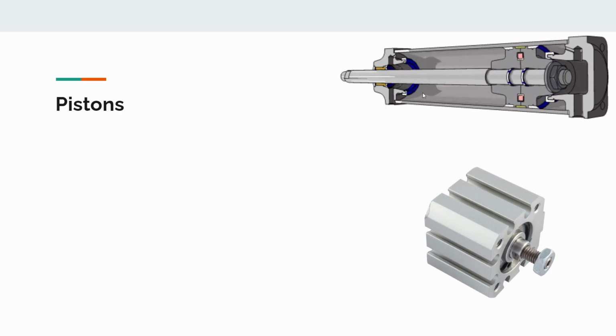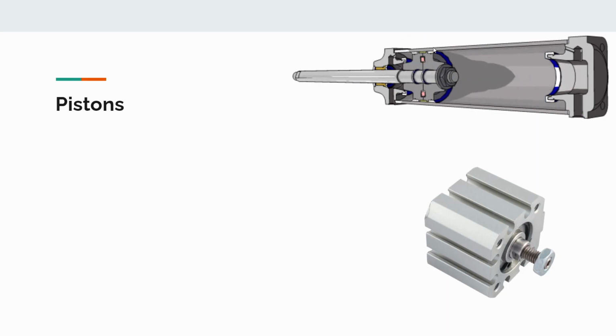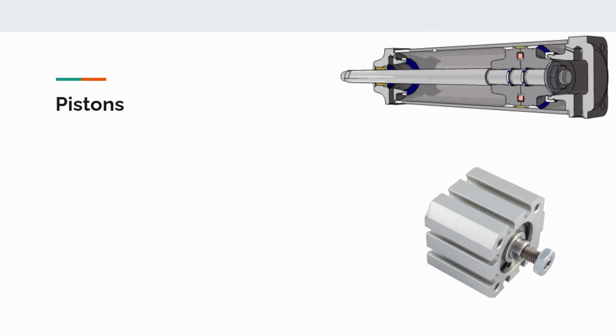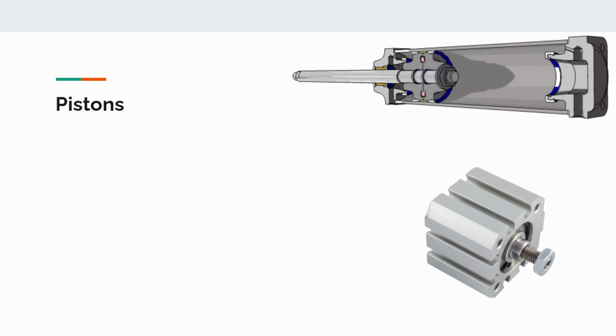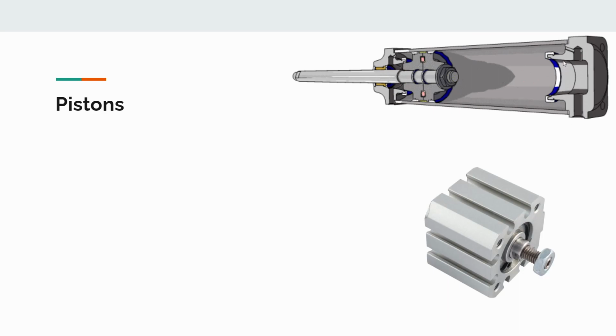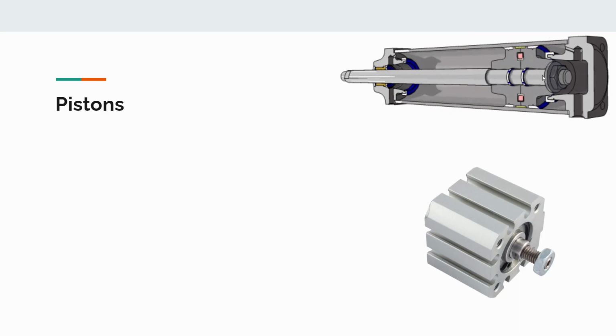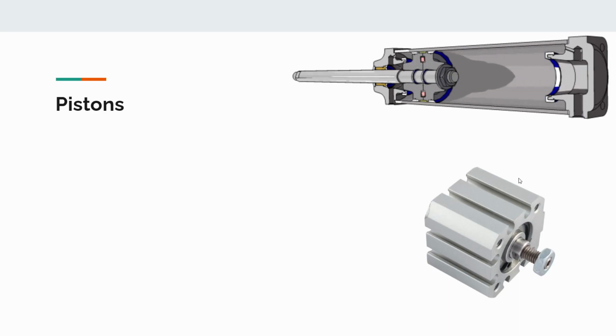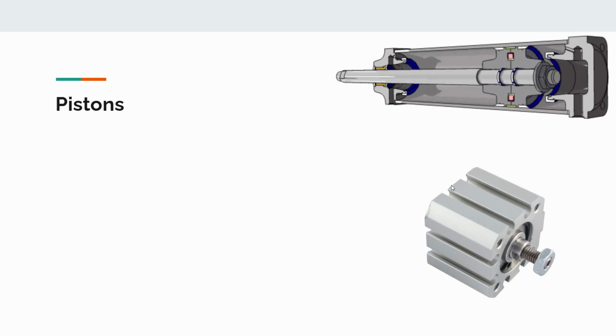By pressurizing the front of it and allowing air to pass out of the back, you effectively force the piston back and vice versa. This is the same concept, just in a smaller form factor.